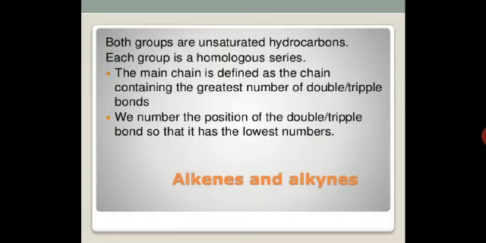The main chain is defined by the chain containing the greatest number of double or triple bonds. So unlike the alkanes where we identify using the position of the branch, here what matters is where you have the double bond or the triple bond placed. We number the position of the double or triple bond so that it has the lowest numbers.